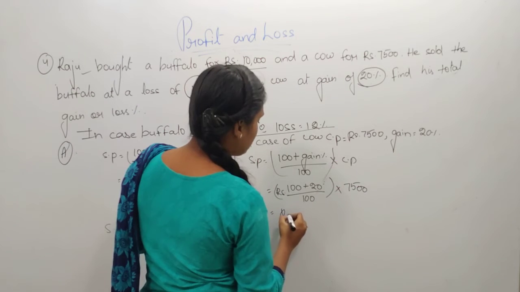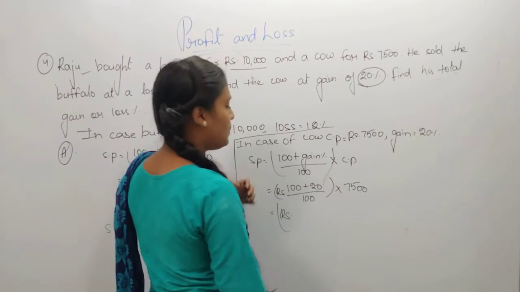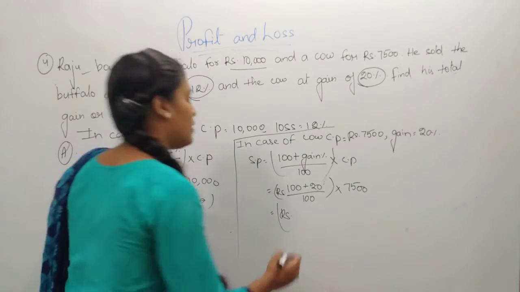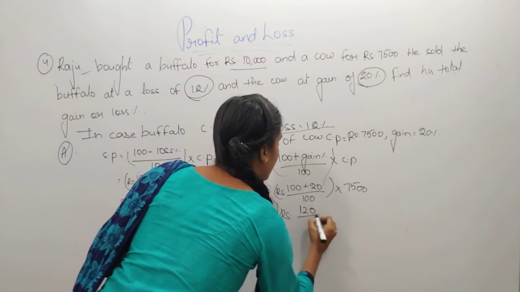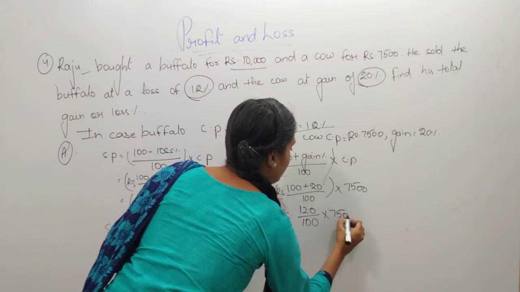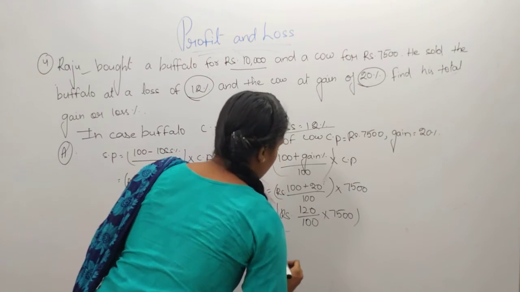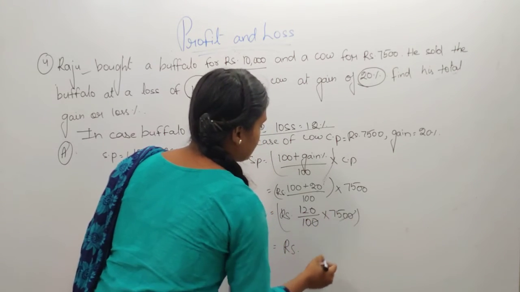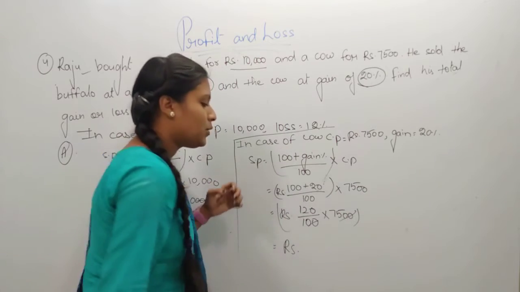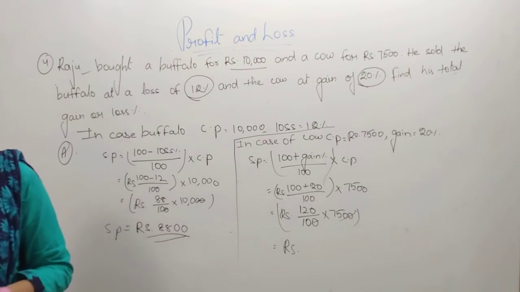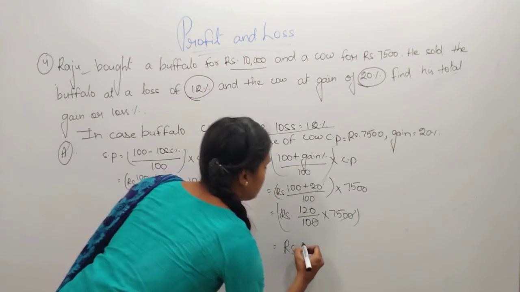Now solve it by adding 100 plus 20. How much answer will you get? 120 by 100 into 7,500. By cancelling all this and multiplying 120 into 75, what answer will we get? Rupees 9,000.